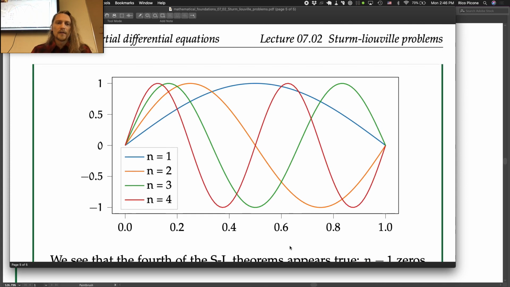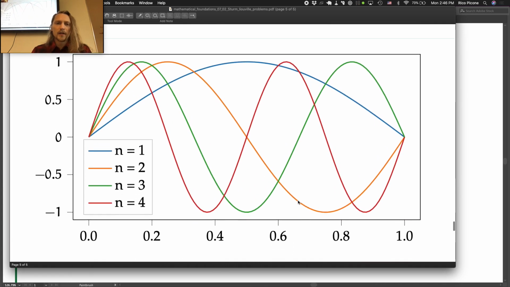And this gives the eigenfunction for n equals 1 is this, which meets our boundary conditions, which is that at 0, the solution is equal to 0, and at L, which we set to 1, the solution is equal to 0. Okay, so all of our eigenfunctions should meet that. And we also want to check this theorem that said that there are going to be n minus 1 zeros on the interval in between.